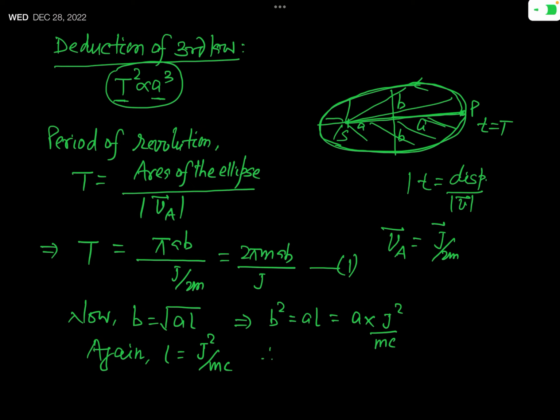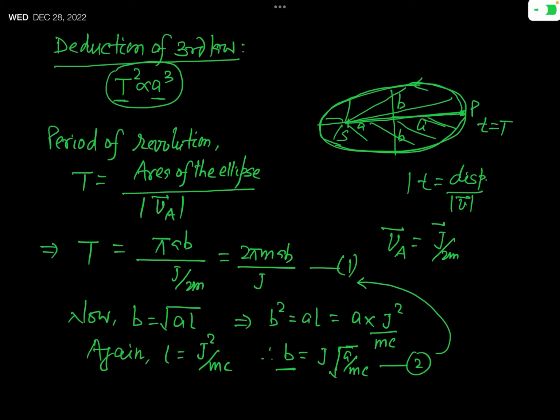And therefore, B will be what? Again take the square root. This will be J times root over A by MC. So you can see I have actually expressed the semi-minor axis B in terms of the semi-major axis A. Now use this result in equation 1.